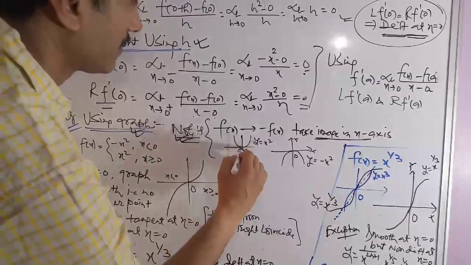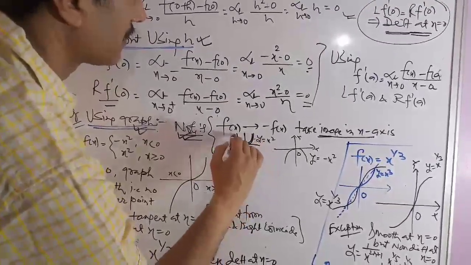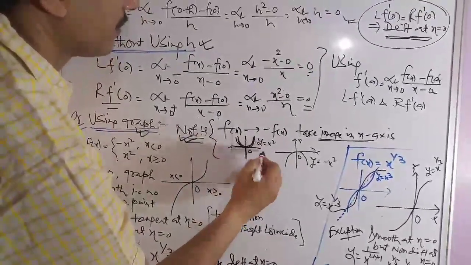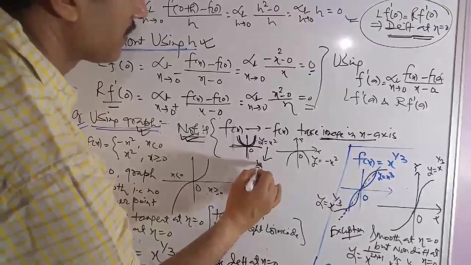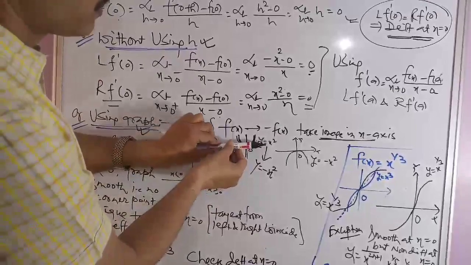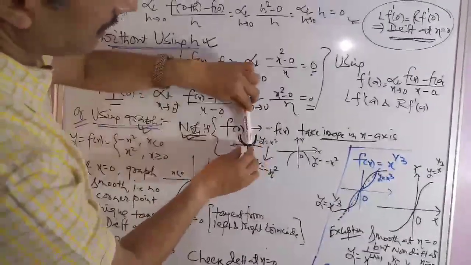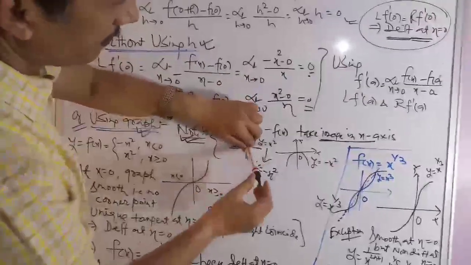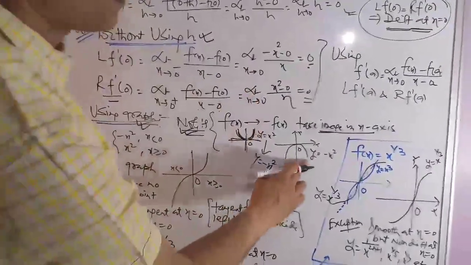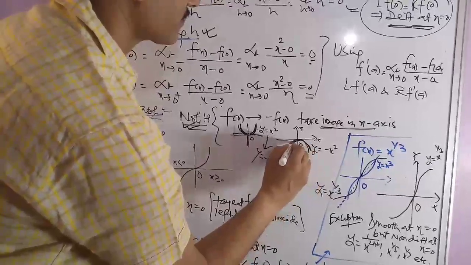Here we know y equal to x square. We want y equal to -x square. We take the image of this graph about the x-axis, that is, rotate the graph through 180 degrees. So the graph of y equal to -x square is this.